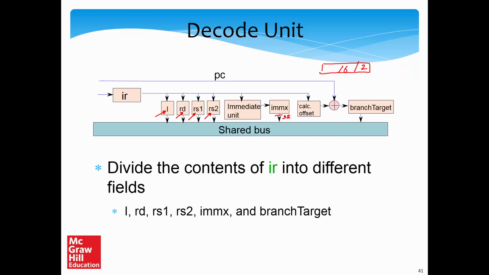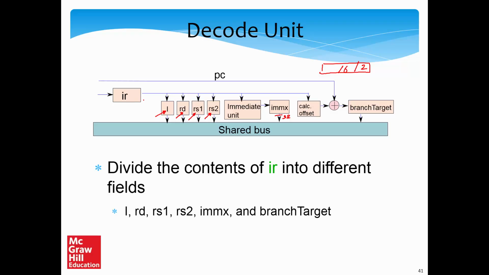In addition, we take the offset part from the instruction. Of course at this point we don't know what is the type of the instruction, but we prepare for all kinds of instructions and we pre-compute all of these terms, the immediate and also the branch target. But of course it's not necessary that every instruction is a branch.